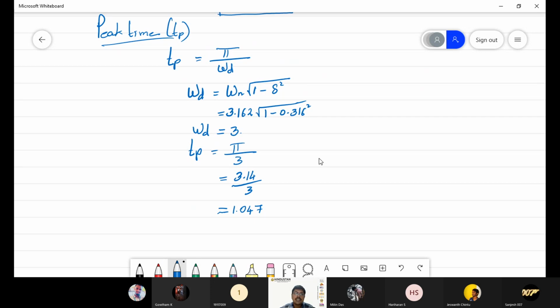Since it is angular velocity, we can write it as radian per second. So radian and radian per second, then finally you will get the answer in terms of seconds. Therefore, Tp is equal to 1.041 seconds.